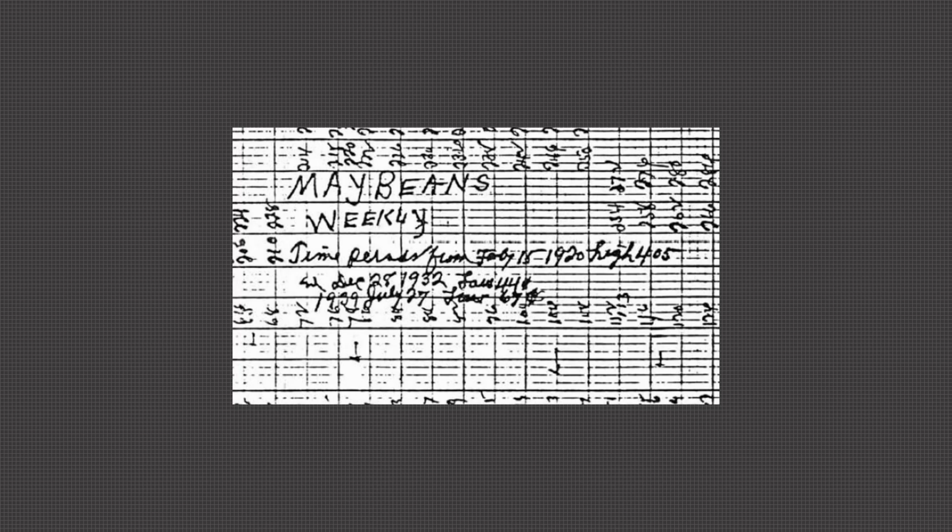This is part of the May beans weekly time period chart, different chart than what we were looking at originally. The chart spanned a few decades, leaving off in May 1954, roughly a year before Gann's death. Note the February 15th, 1920 high at 405.